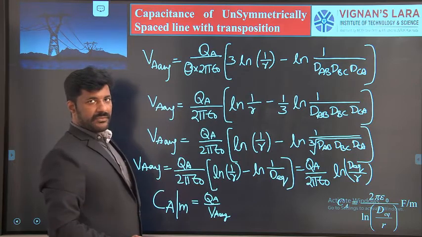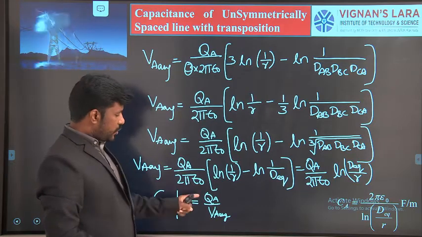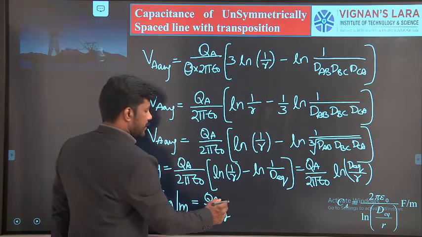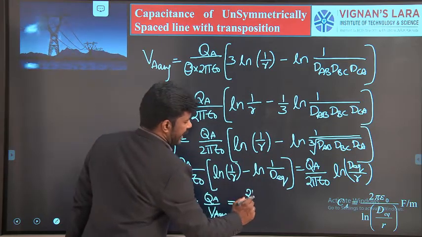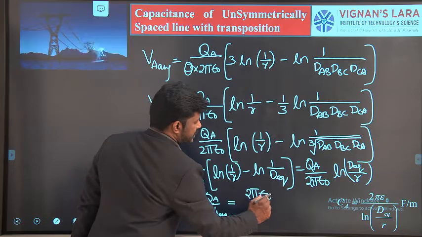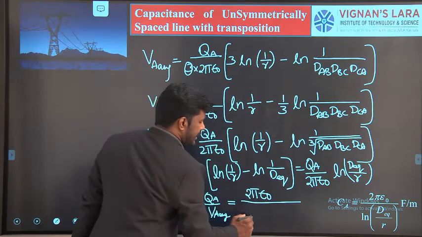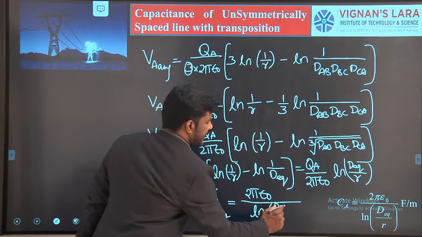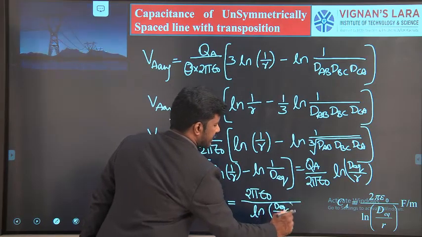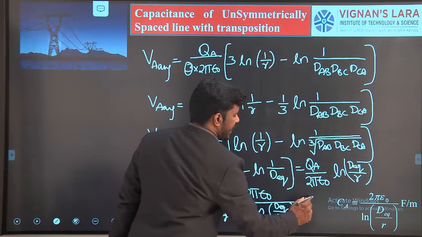Then the formula for the capacitance is QA by VA average. So taking the ratio, QA gets cancelled and you will have the term 2 pi epsilon naught in the numerator, and in the denominator you can observe ln of D equivalent by R, whose unit is farads per meter length.